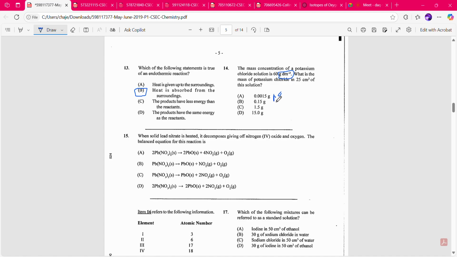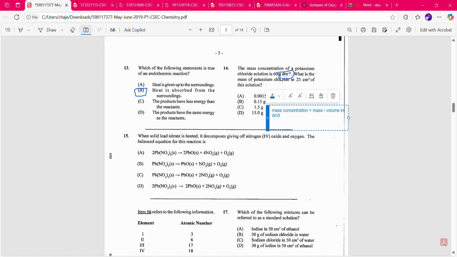So mass concentration equals mass, see it here? Mass, and the negative sign right here suggests that it's being divided. Mass over volume in dm cube.